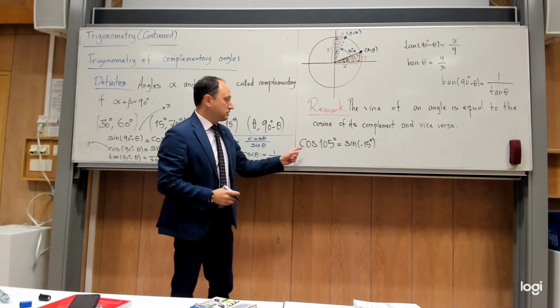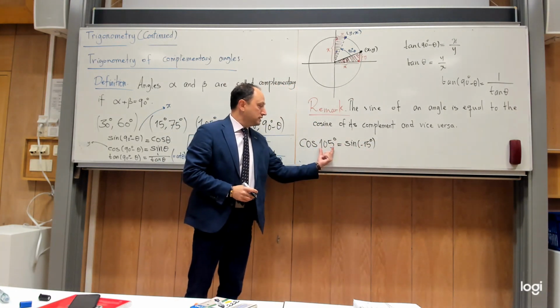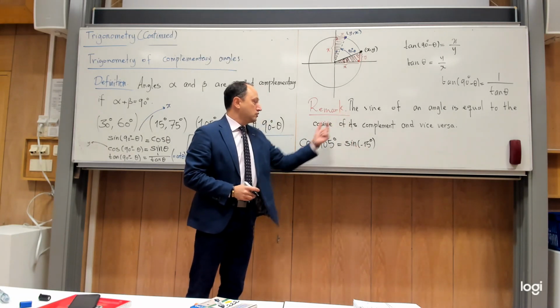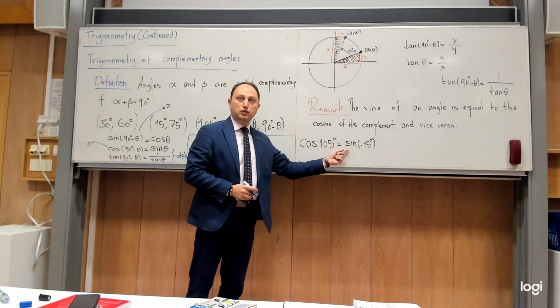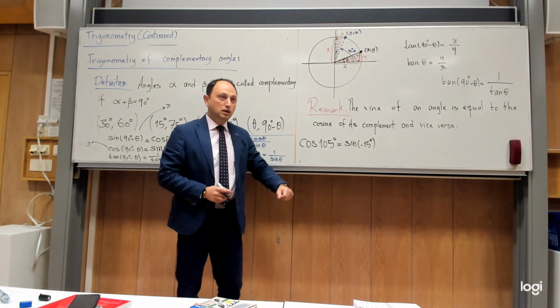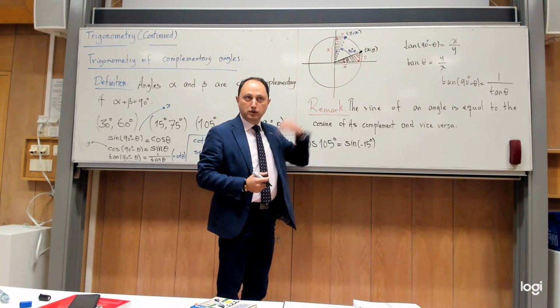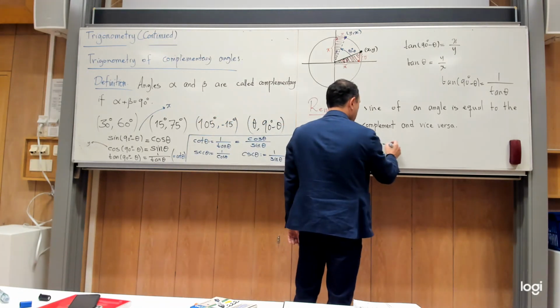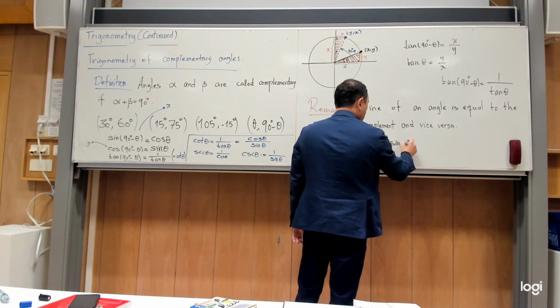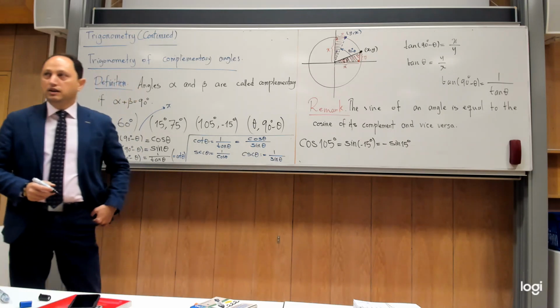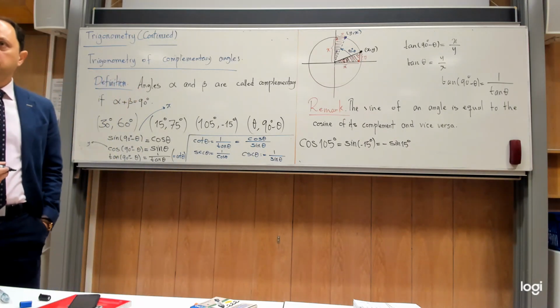If someone asks you why this is correct, because you see that this one and that one are complements, so according to this rule, cosine of one of them is equal to the sine of the other one. But now, what can I do with this negative sign inside the sine? As we just learned in the beginning, I can pull it out. So it becomes minus sine of 15 degrees. So you need to be very comfortable with these kinds of calculations immediately.